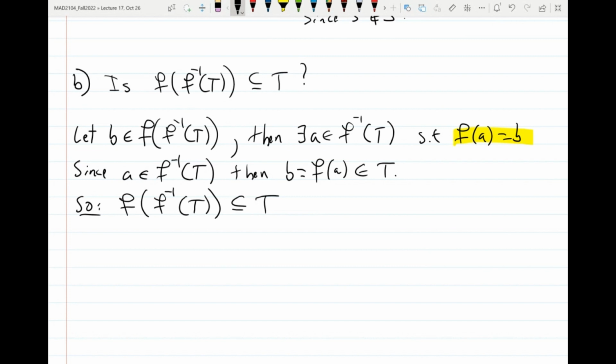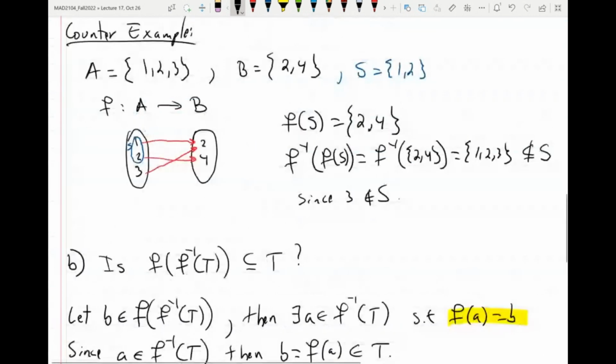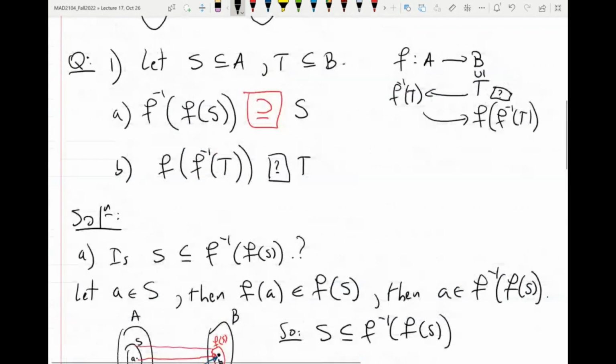Okay? Now the question is, could T be larger? Or will they be equal? In other words, do you get extra information? Does T have more information that this guy doesn't? So in other words, do we lose some information? The previous case, you can think of it as gaining information because you start with S and then you come back bigger. Okay?